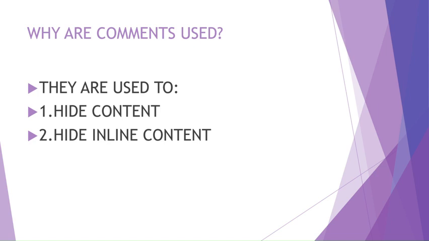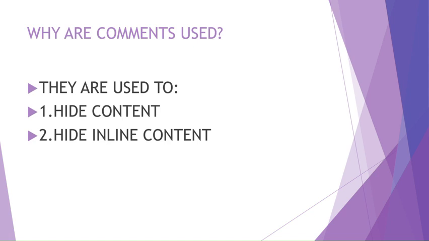Just like our alt tag gives a name to it, the comment also gives an abbreviation or alternative text to our paragraph, heading or the content which is visible on the browser.